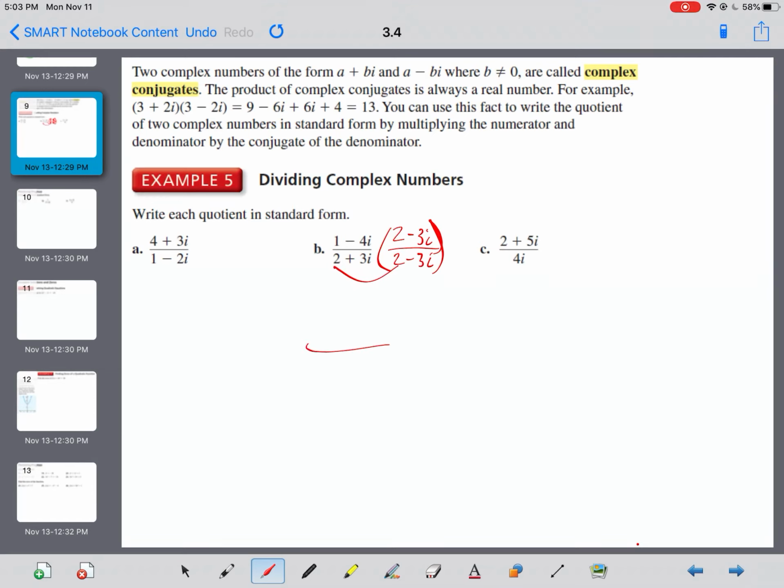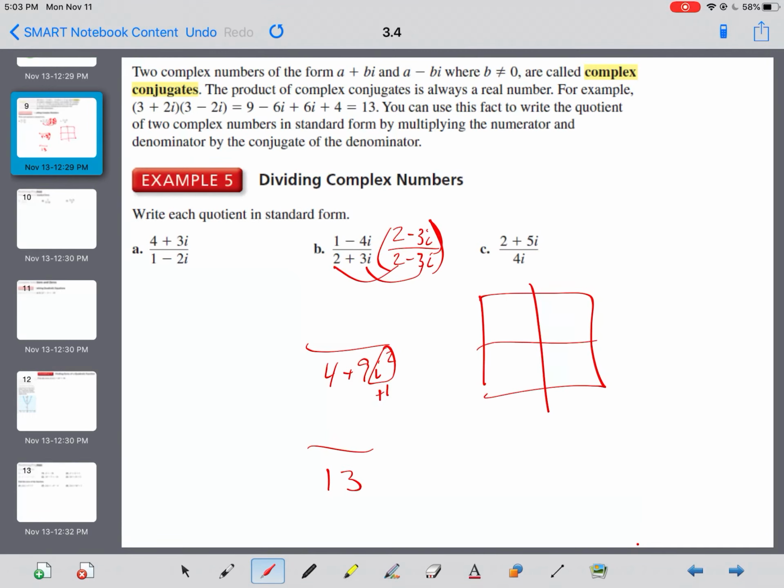2 times 2 makes 4. 3 times negative 3i is negative 9i squared. That's important. It's a negative 1 plus positive, so we get 13 on the bottom. Now we just have to box it, or FOIL, whatever makes you happy. 1 minus 4i, 2 minus 3i: 2, negative 8i, negative 3i, 12i squared.